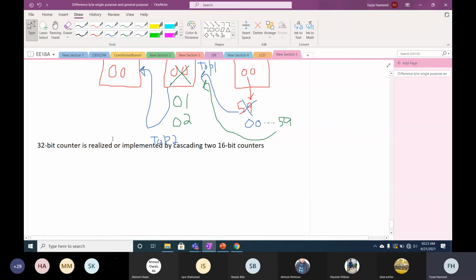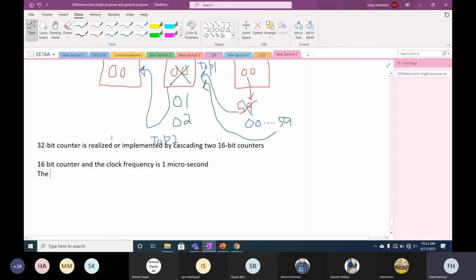Why are we cascading these two counters? Actually, if you want to count a larger timer interval, then let's assume we have a 16-bit counter, and the clock period is 1 microsecond.